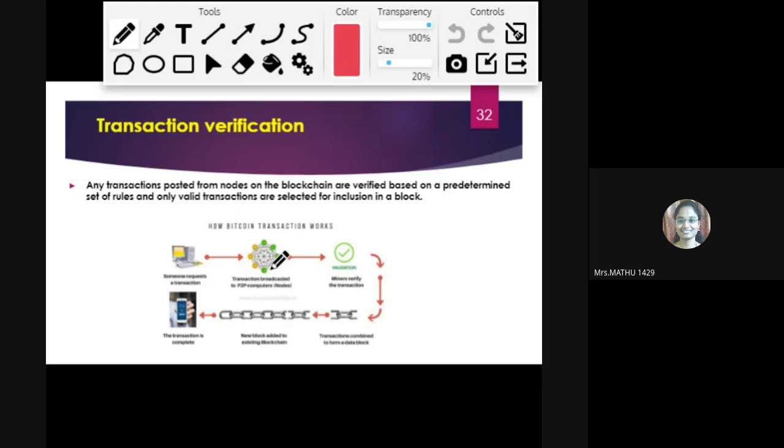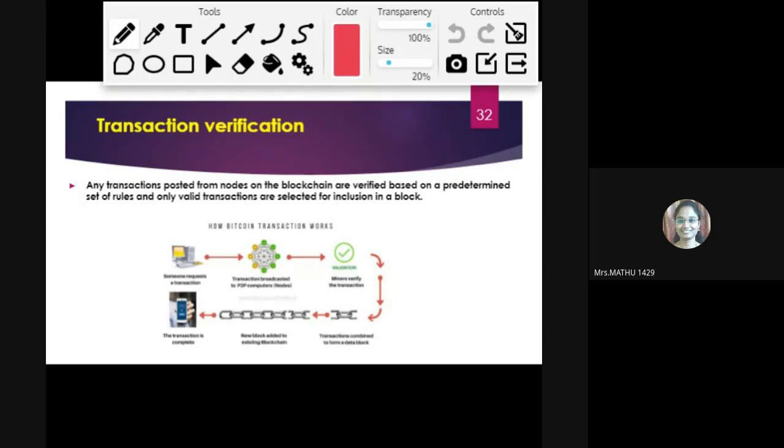P2P, that is, peer-to-peer computers. Here the network is all computing resources, so they are all computers. It is broadcast to different nodes and miners. There are several mining nodes present in the network.